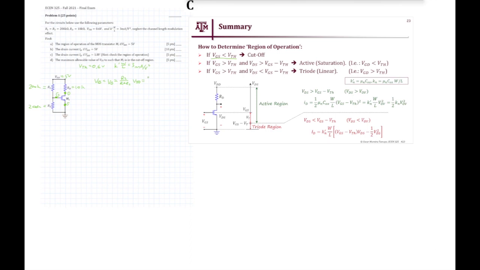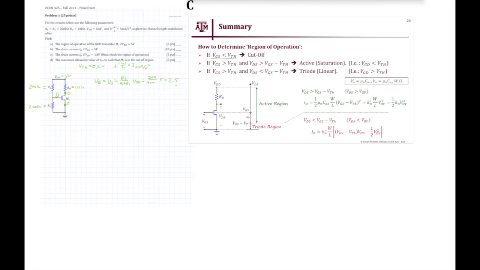So this becomes 200 divided by 400 times 5, which is 2.5. You can also figure this out by knowing that R1 and R2 are equal resistances, so our VG value must be half of our VDD value.